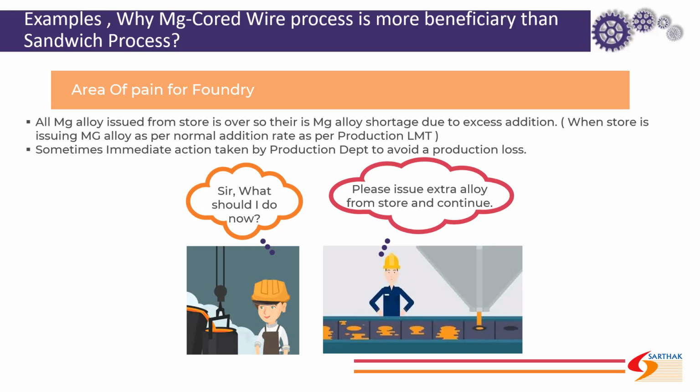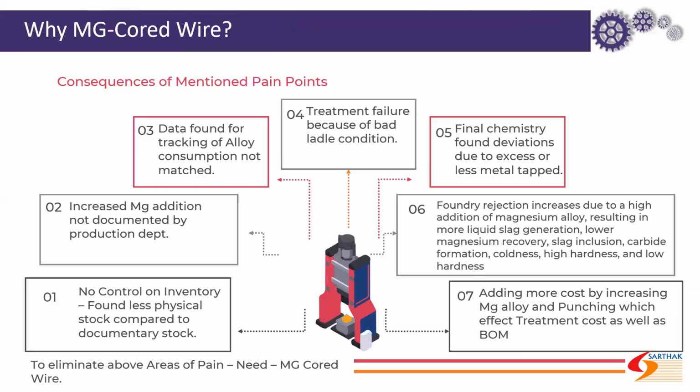So sometimes the foundry store does not get the correct inventory. Sometimes the records say 5 tons or 6 tons as an example balance, but physically they have only around 2 or 3 tons. The excess addition is not recorded by the production department. So there is a lot of issue regarding inventory.